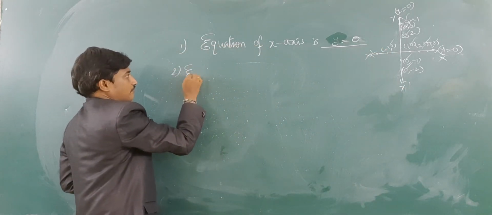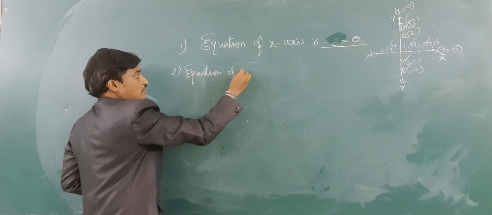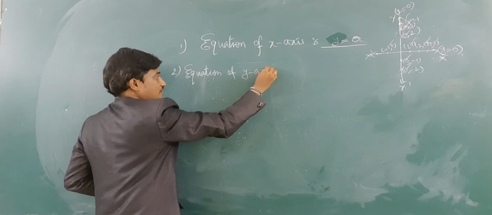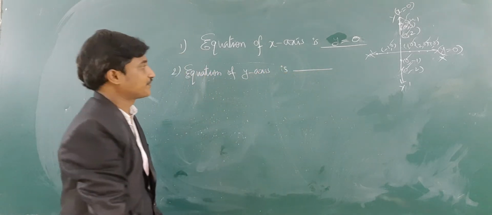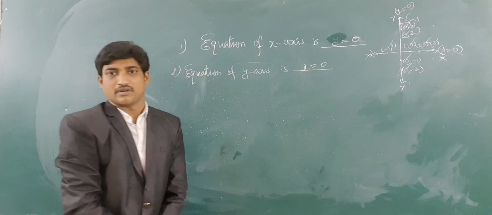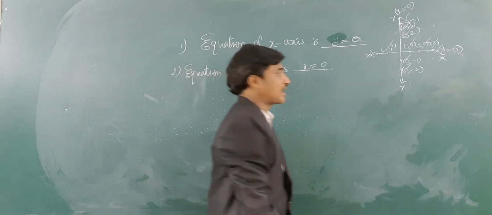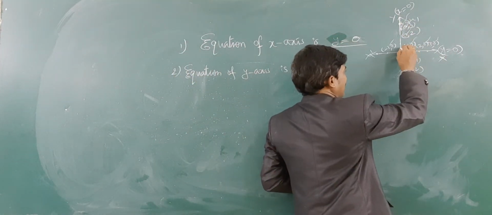Equation of the line y-axis is x is equal to 0. What is the angle between the lines y is equal to 0 and x equal to 0? 90 degrees.